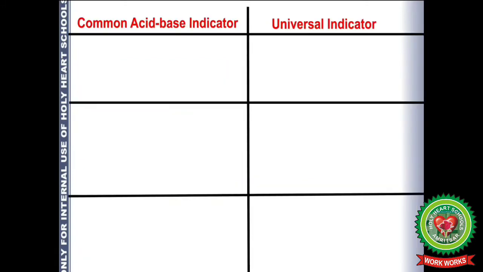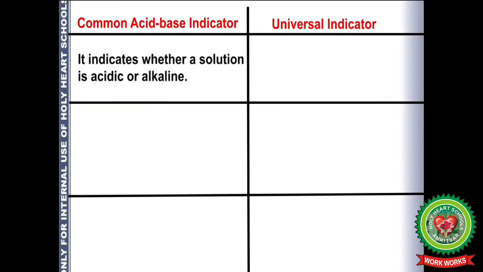Now let us differentiate between common acid-base indicator and universal indicator. We already know some indicators like litmus paper, phenolphthalein, then methyl orange, and just now we have done universal indicator. So let us compare them both and find out what's different in them. A common acid-base indicator indicates whether a solution is acidic or alkaline.